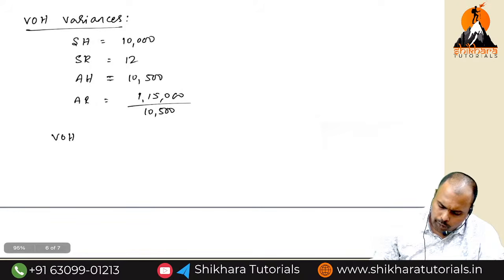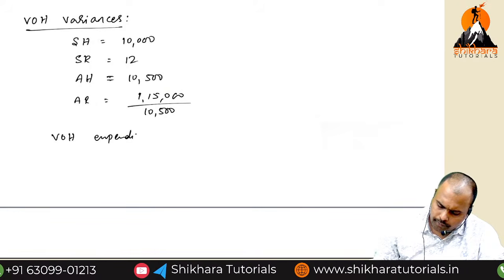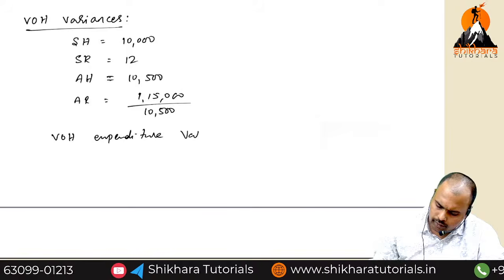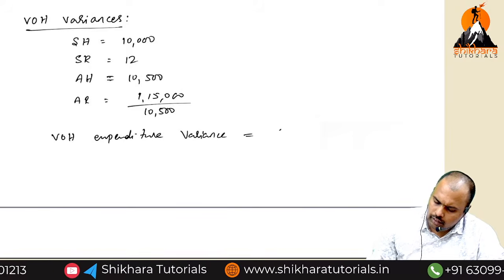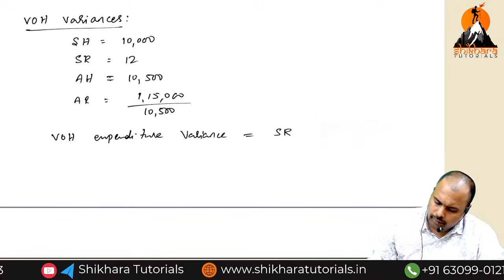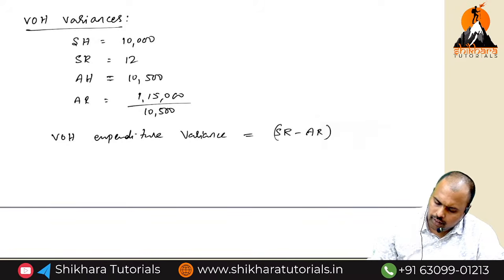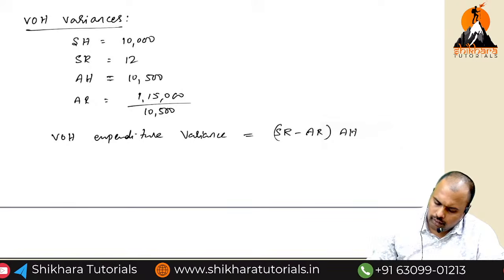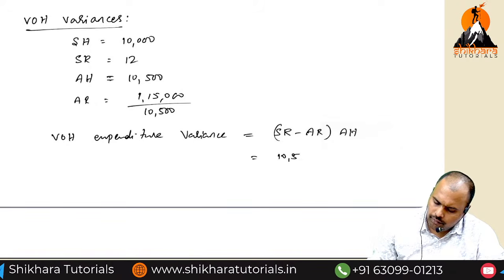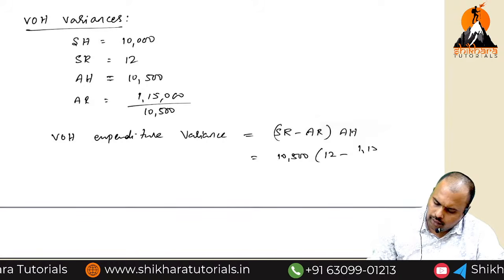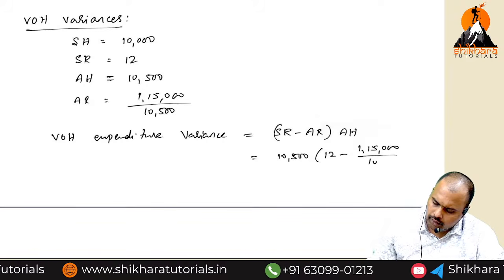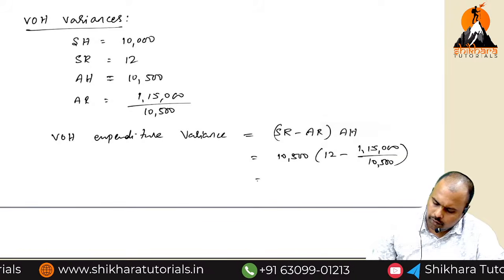Now, variable overhead expenditure variance is equal to standard rate minus actual rate into actual hours, which is 10,500 into 12 minus 1,15,000 divided by 10,500. What is 10,500 into 12?